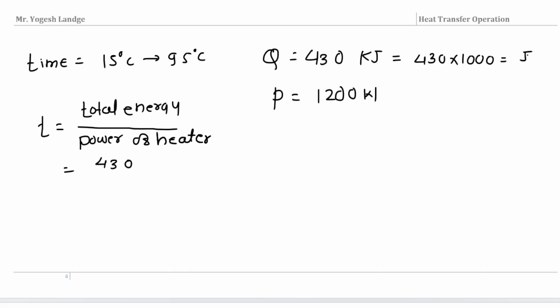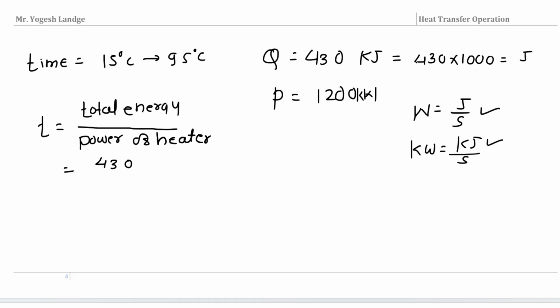So it is very easy for us to do the calculations. Or vice versa, you can convert this into kilowatt, because ultimately watt equals joule per second, or kilowatt equals kilojoule per second. So either we go for this case or this case, it is one and the same.